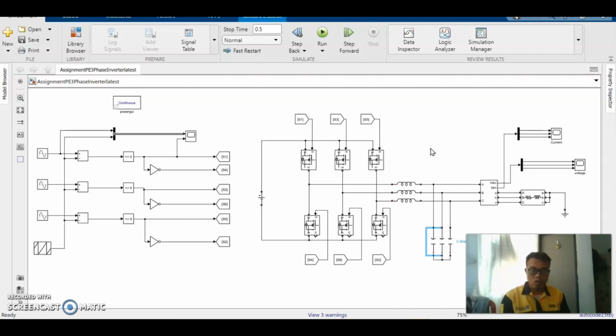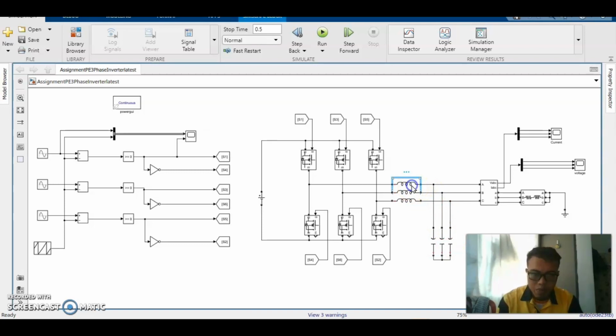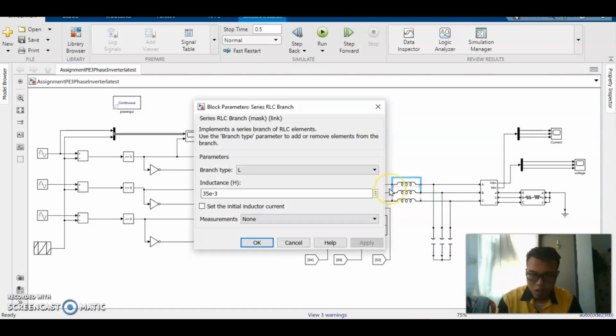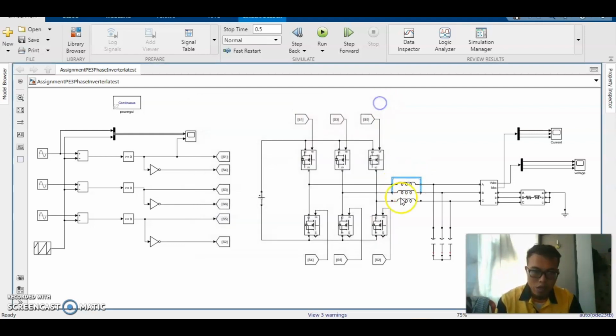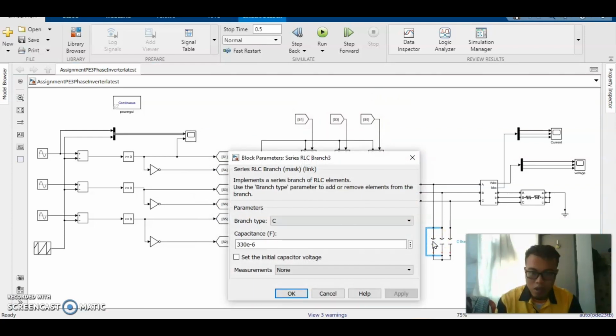To reduce our THD value and make sure it gets below 7%, we add an inductor and capacitor. For the capacitor the value is 35 millihenry, and for the inductor we put the value 330 microfarad.